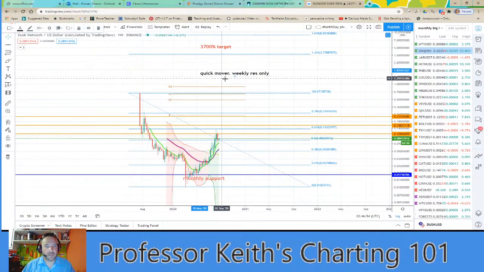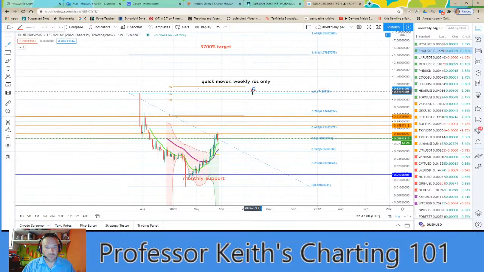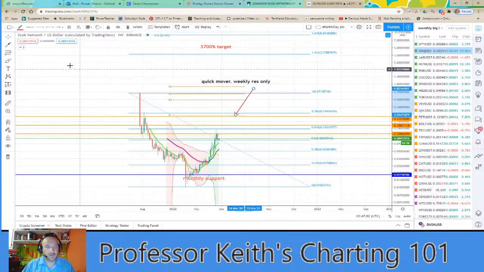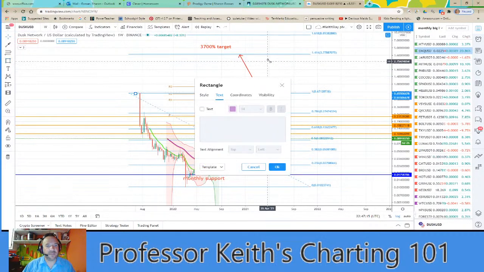And we're going to move quickly from what appears to be the pivot line down here all the way up to what appears to be at least here, but I want y'all to understand that there is no resistance up here like we've seen a lot of coins have.